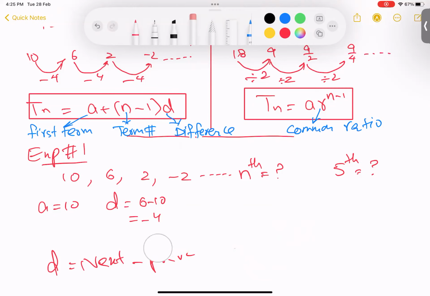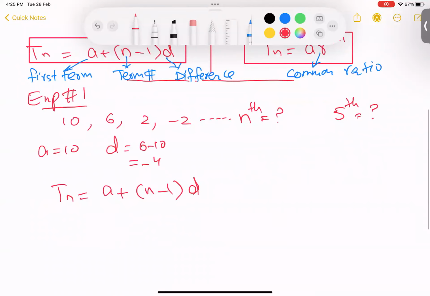So now I'm starting the question to solve it. And I'm looking for what? I'm looking for the nth term and the fifth term. So let's start. Tn is equal to a plus (n minus 1) times d. And for your knowledge, this 10 will come here.